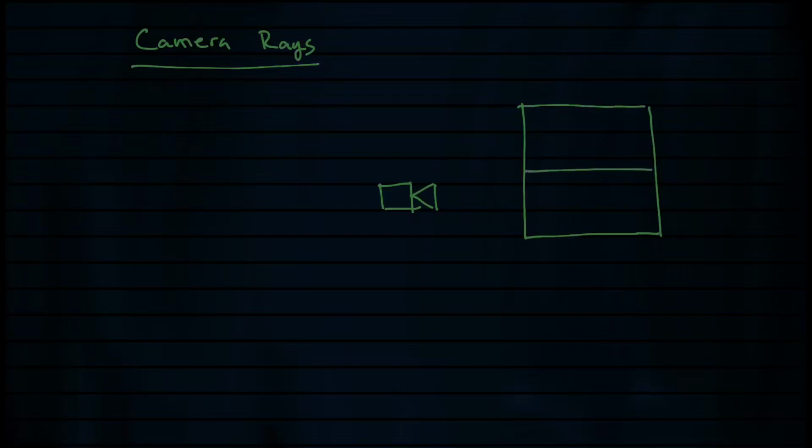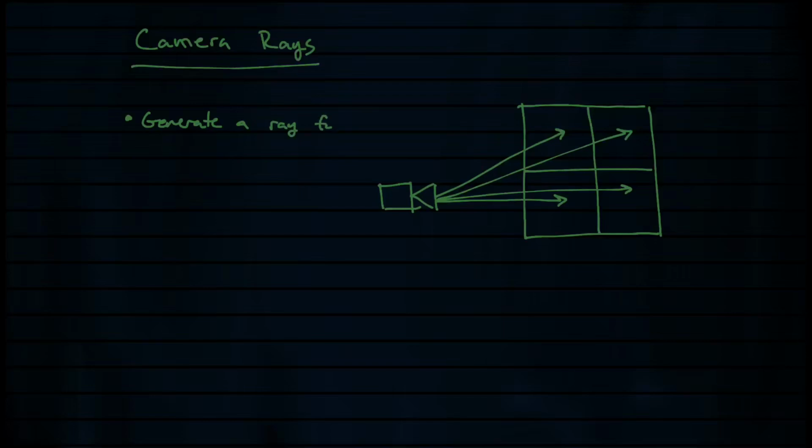So if we had a very simple 2x2 grid, we would send a camera ray out to this pixel, to this pixel, and this pixel. And then what we're going to do is check for intersections. So first we generate a ray for every pixel.